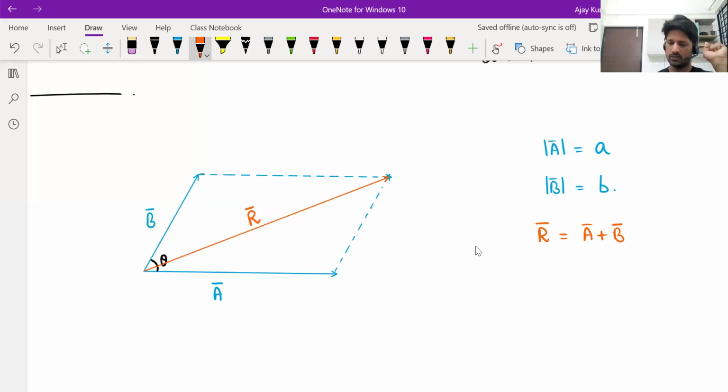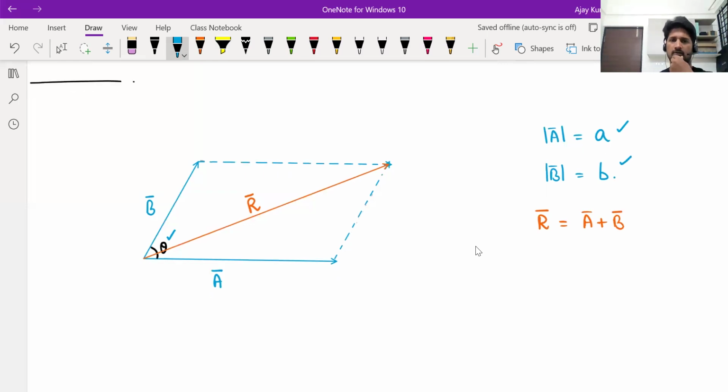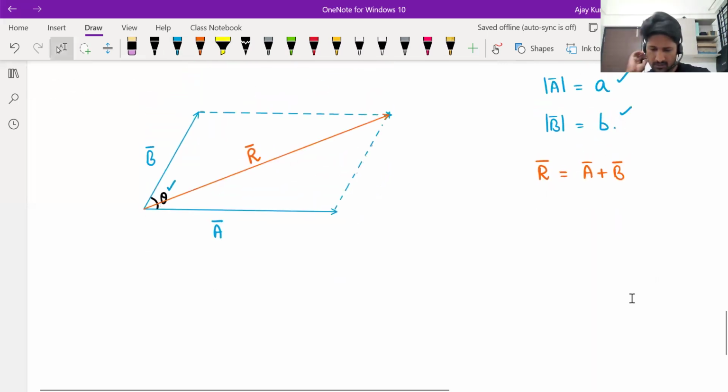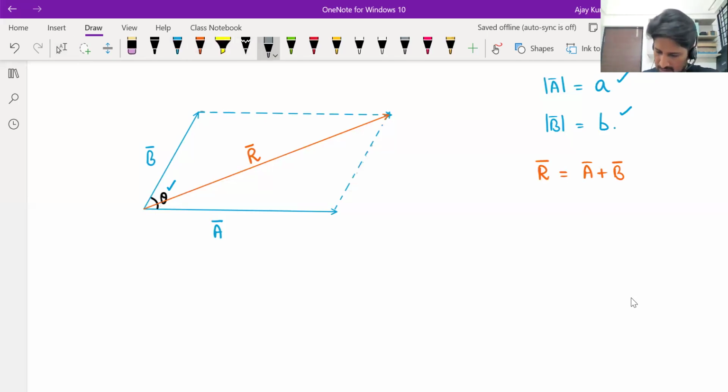So what all do we know here? We know A's length, we know B's length, and we know the angle theta between them. In terms of these, our aim is to find the magnitude of the resultant. So we'll be using some geometrical constructions here. Just extend A along its own direction and drop a perpendicular from the opposite corner onto this.